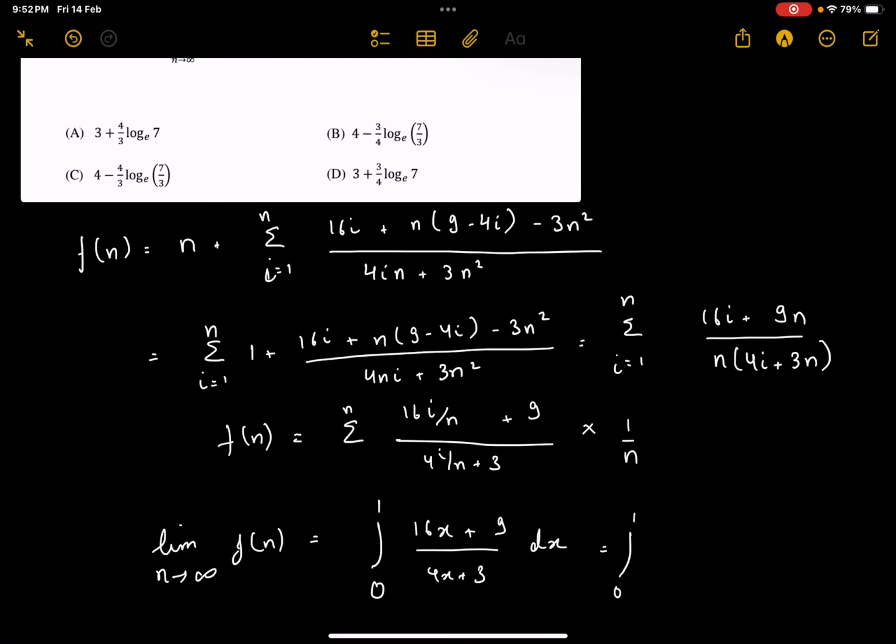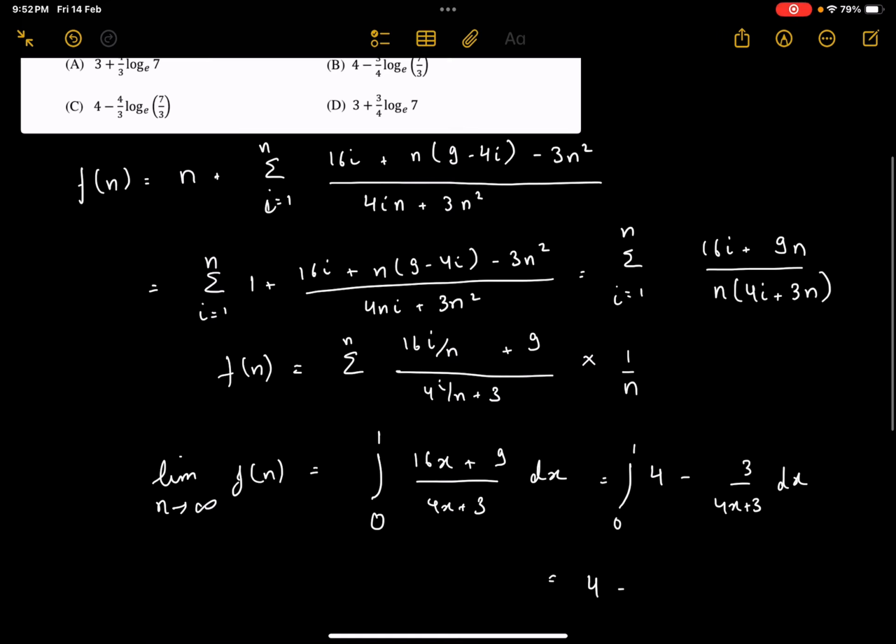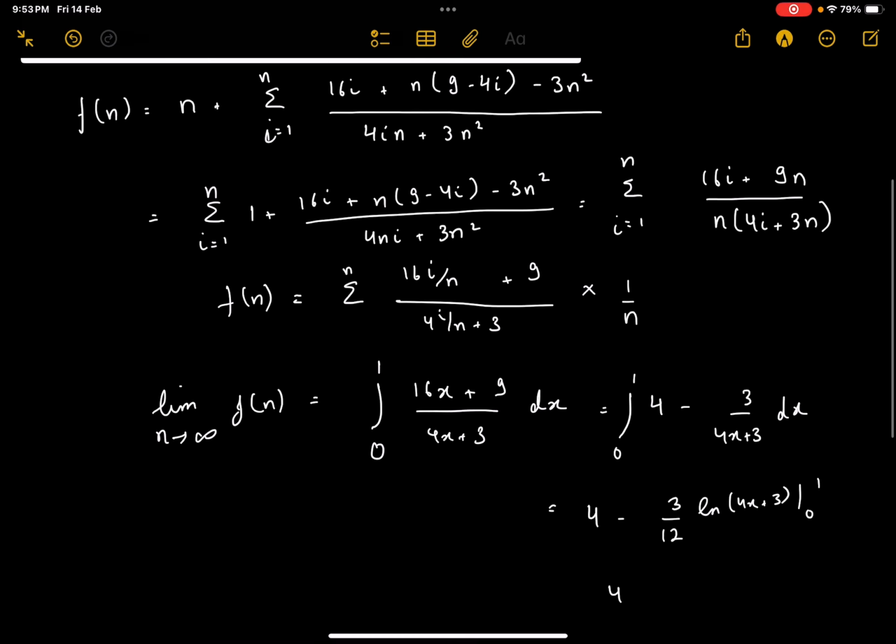So the integral from 0 to 1 of 4 plus 4 minus 3 upon 4x plus 3, which becomes 4 minus 3 by 12 ln, 4 minus 1 by 4 ln 7 by 3.